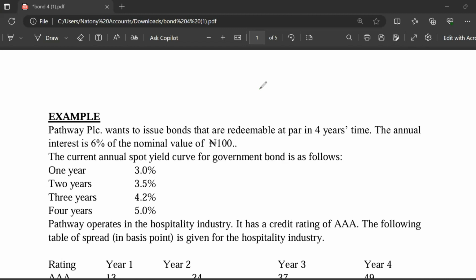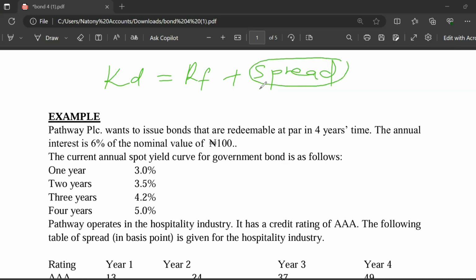From your carry forward knowledge with respect to costs of capital, the cost of capital of a company, which is the KD, is equal to the risk-free rate plus the spread. The spread is a measure of risk of default.